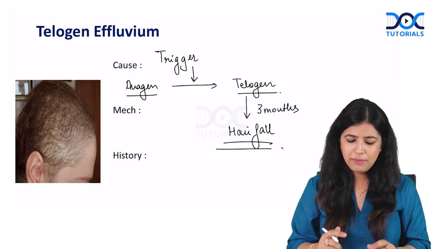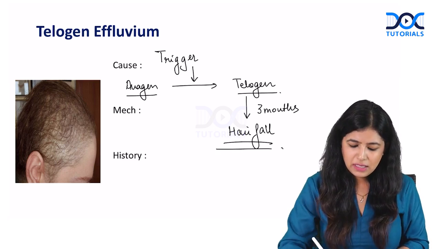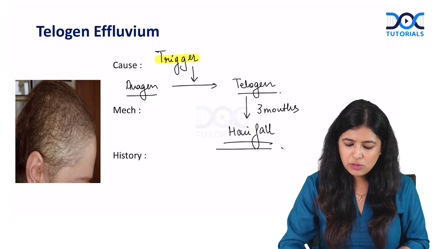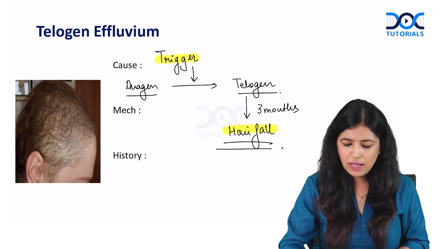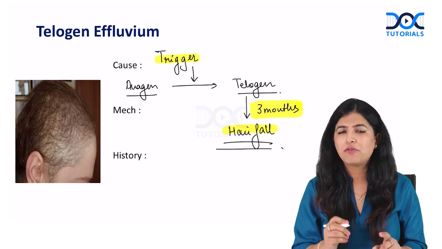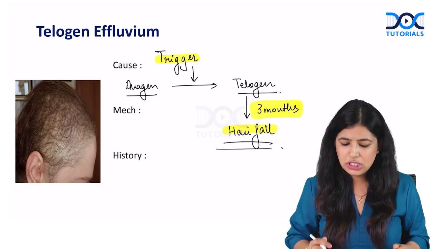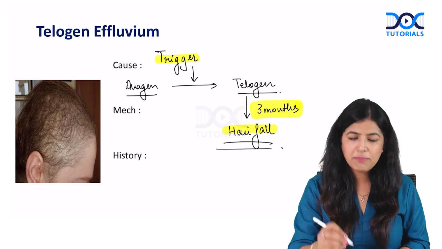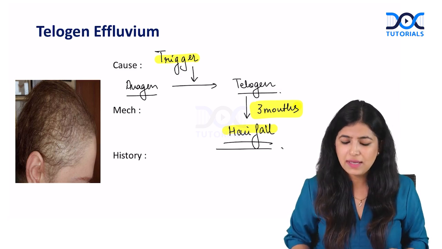Very important here is that there will be a trigger which will cause hair fall, but at a gap of 3 months from the trigger to the shedding. This is a very important history that you will get in the exam.